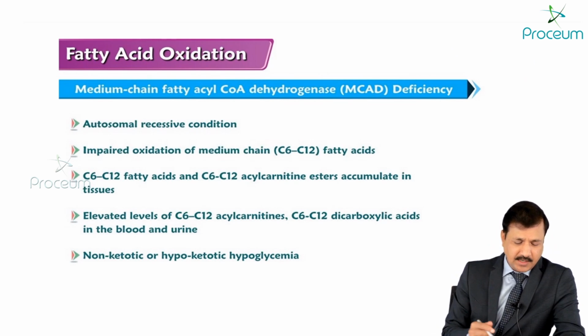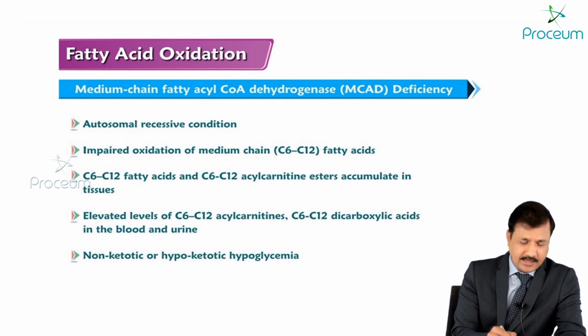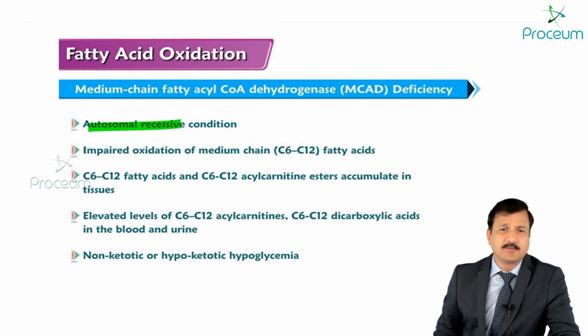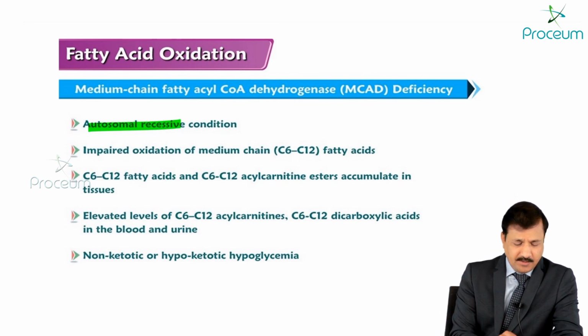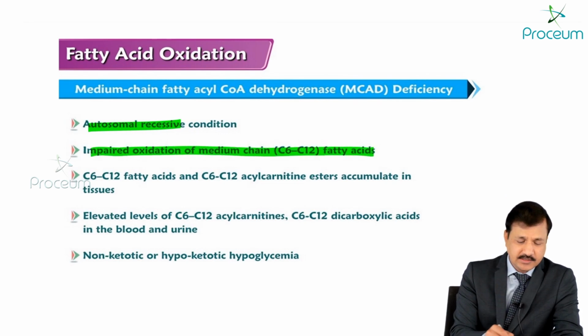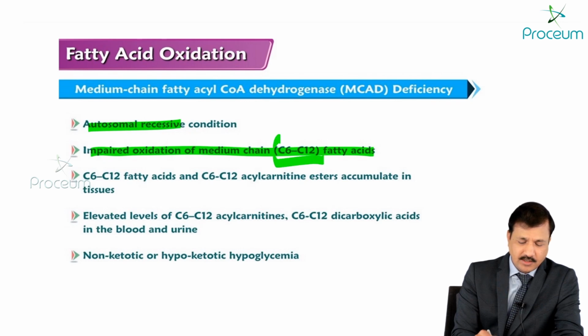It is an autosomal recessive condition like any other genetic condition; most of them are autosomal recessive. There will be impaired oxidation of medium chain fatty acids, which contain 6 carbons to 12 carbons.